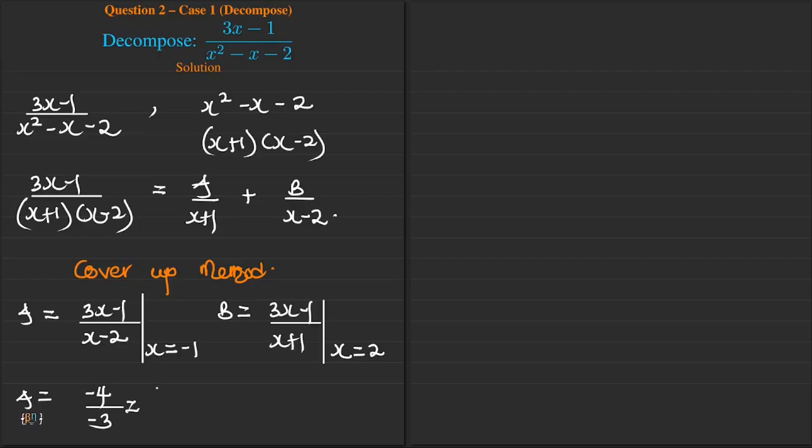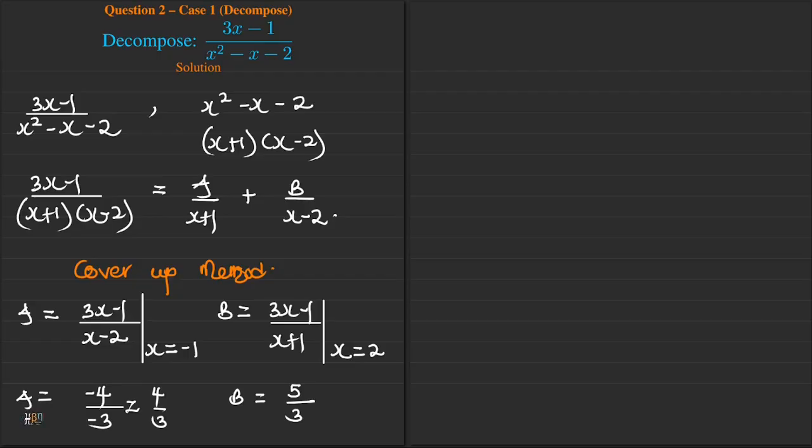And when simplified, we have 4 over 3. Then we come to our b. So substituting x as 2, we have 6 minus 1, which is a 5. Then 2 plus 1, which is also a 3.